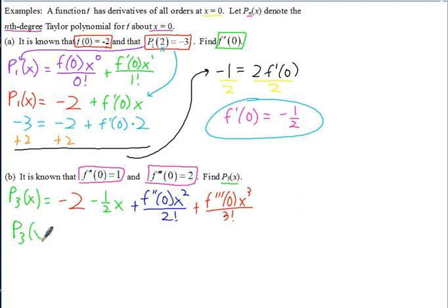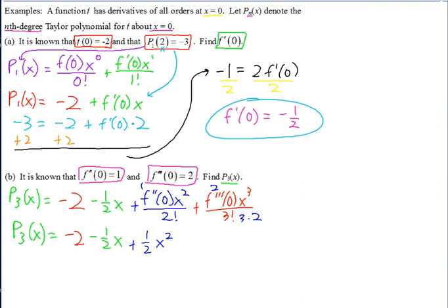So the third degree Taylor polynomial is going to be negative 2 minus 1/2 x. And notice we're told f double prime of 0 is 1. So that's just going to be 1 right there, divided by 2 factorial is 2, so that's just going to be plus 1/2 x squared. And we're told f triple prime of 0 is 2, and 3 factorial is 3 times 2.